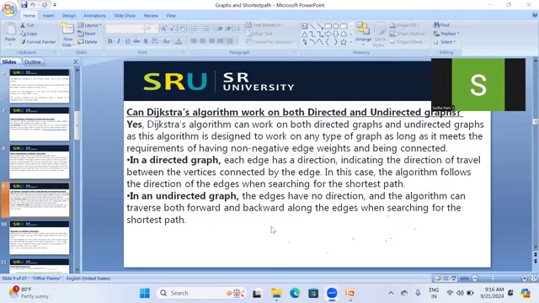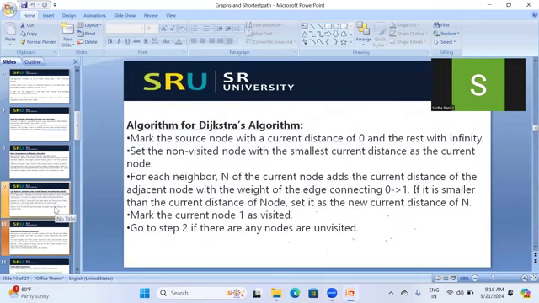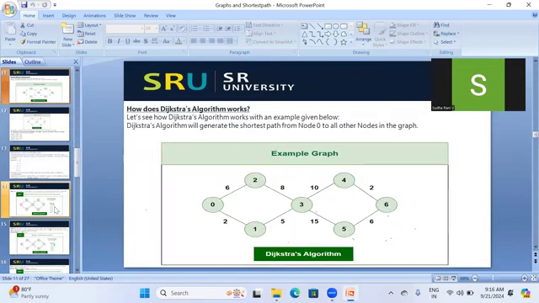Now coming to the algorithm, let us take one example graph and try to explain how Dijkstra's algorithm works. See here, we have the nodes 0 to 6, and this is a graph with values, and it is an undirected graph.